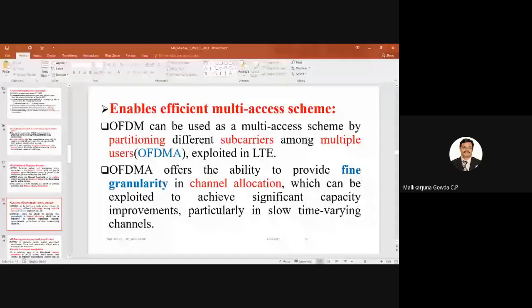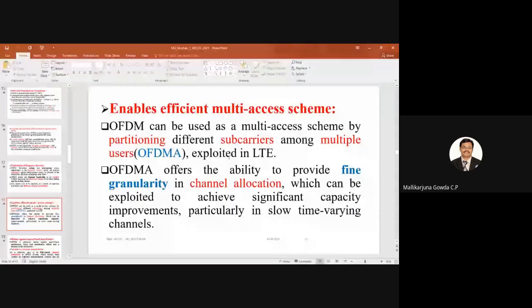OFDMA has the ability to provide fine granularity in channel allocation, which can be exploited to achieve significant capacity improvements, especially in slow time varying channels. So every word is important here. See, time varying channel, in that again I am talking about slow time varying channels.